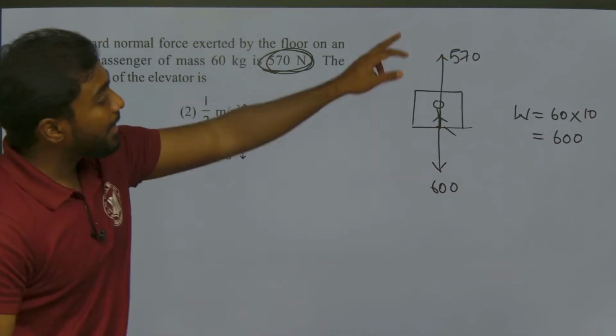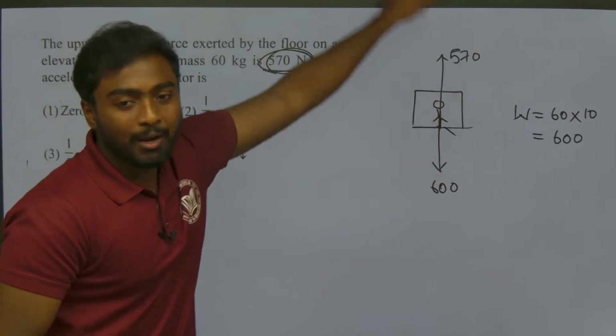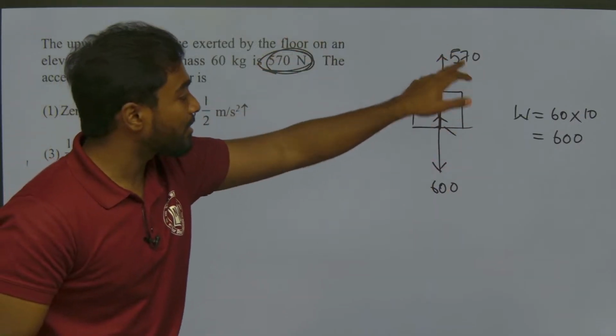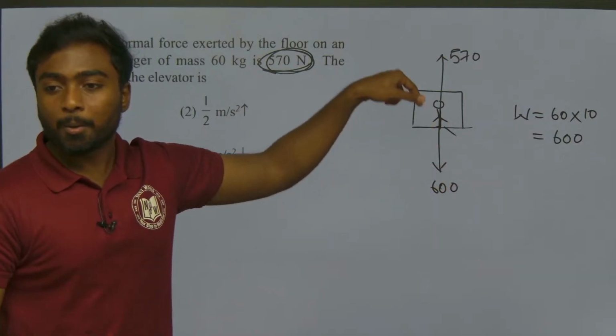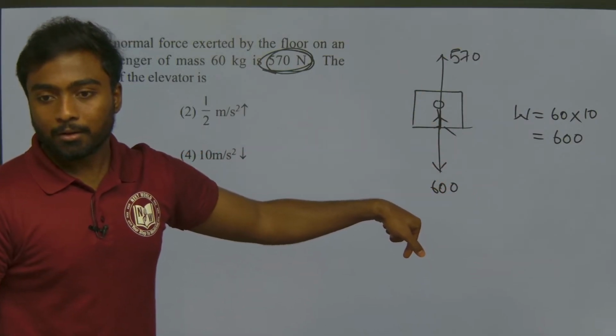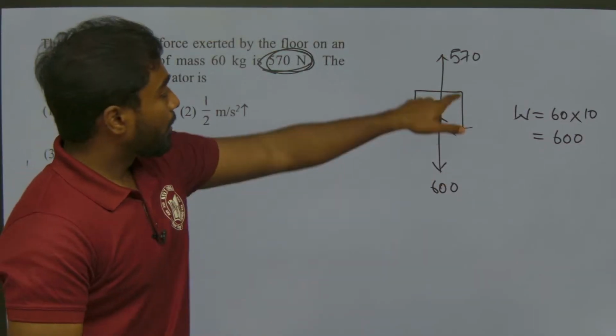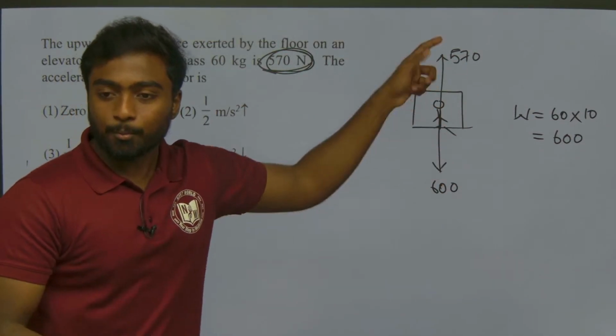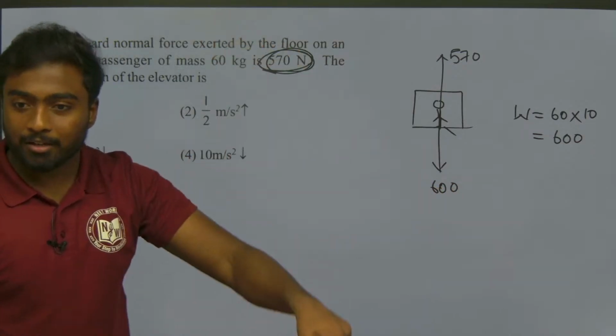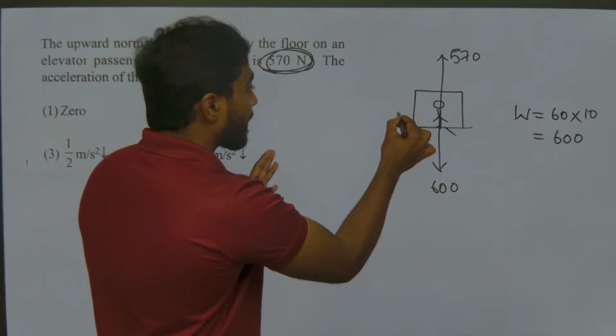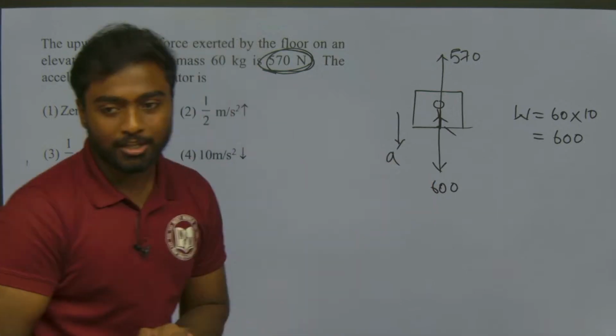Now if I take these two, one force is upward and one force is downward, 570 and 600. In which direction will the object move now? In the direction where the force is more. 570, 600, which is more? 600. So in the direction of 600 the object will move. Let me consider this is the direction of acceleration.